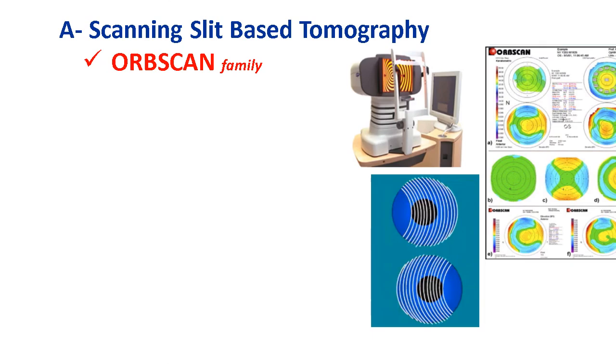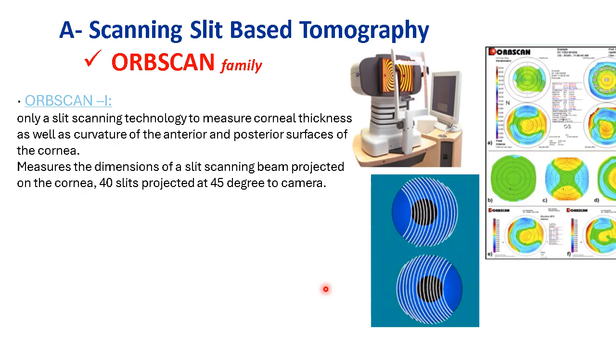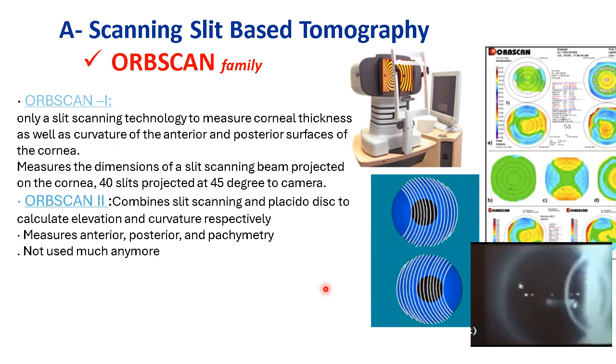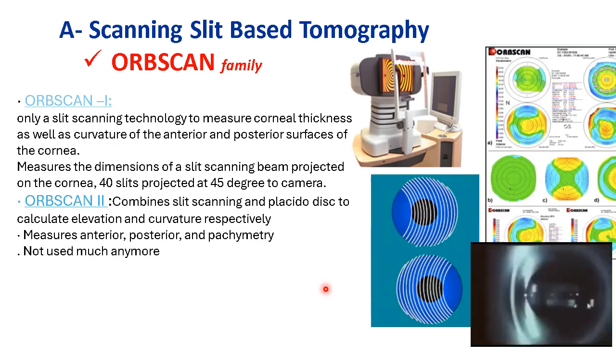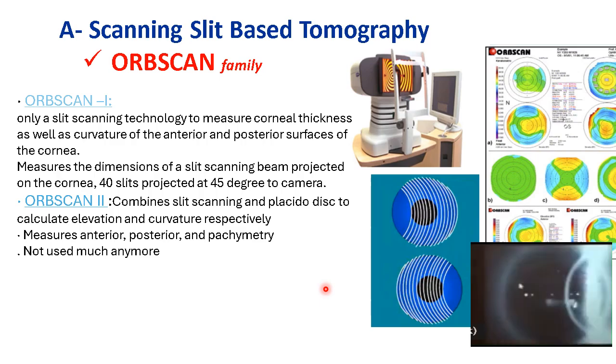For scanning slit-based tomography, the most popular is from Bausch & Lomb, the Orbiscan, and it has different upgrades and generations. The Orbiscan, based on this scanning slit technology, projects a scanning slit beam at a 45 degree angle over the right and left side of the cornea, as you can see here.